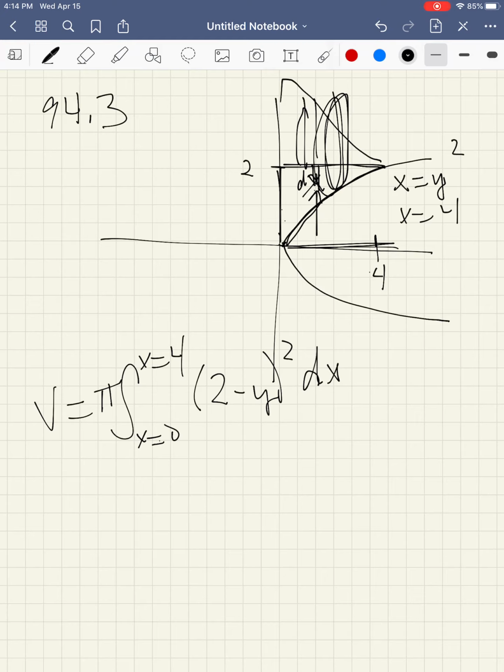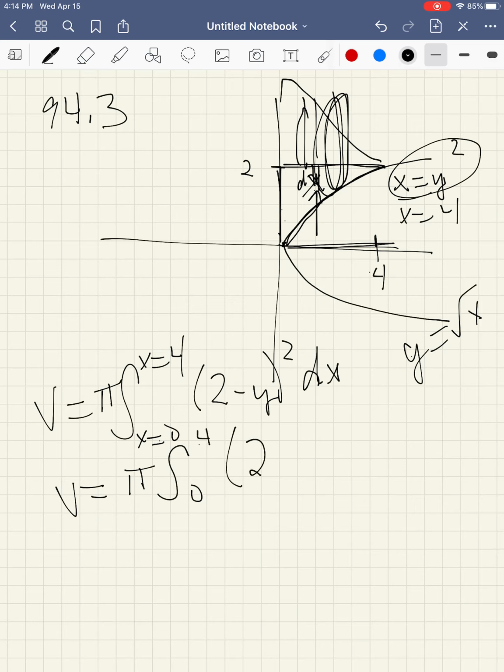So now we go back up here, and we have to solve this one for y. So y would be equal to the square root of x, wouldn't it? Or x to the 1/2. So V equals pi. Now we're changing it to x, so we don't need to write x equals. That'll be 0 to 4, 2 minus x to the 1/2, quantity squared, dx.